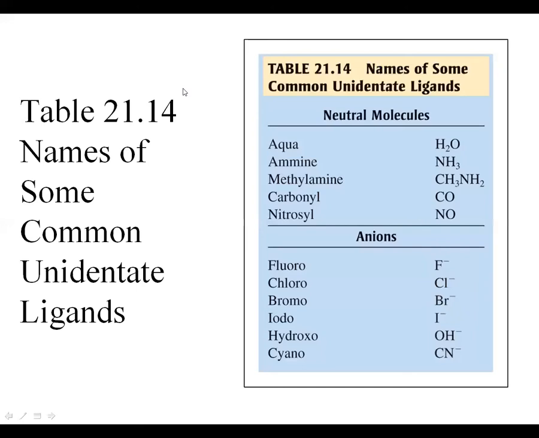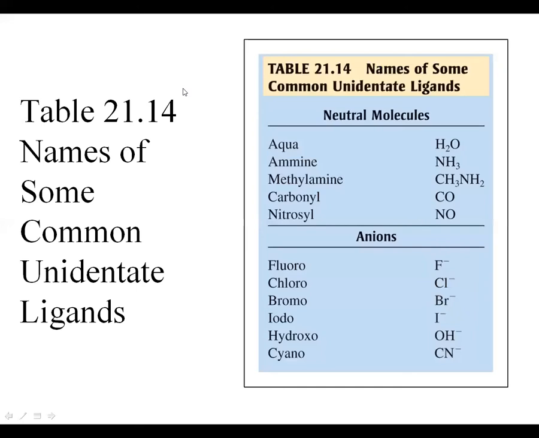But let's take a look at some of these tables and some of these names that we come across in terms of ligands and so forth. We have some neutral molecules. Like I said, for H2O, some books will use aqua, some books will use aquo. I don't remember off the top of my head what way your book uses. Ammine, we have CO as carbonyl.